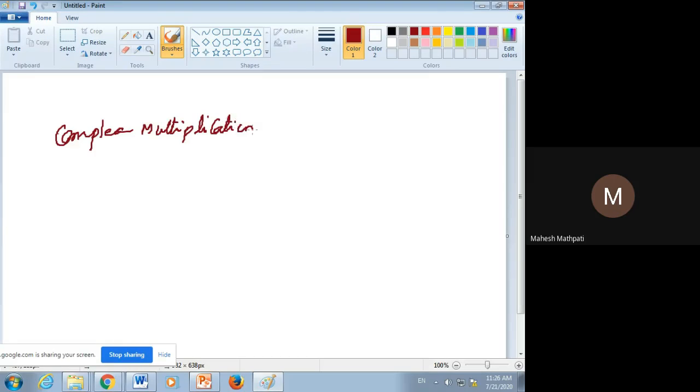we have a formula here. This is n by 2 log to the base 2 n as a formula. So which will be equal to, again for n equals to 8.